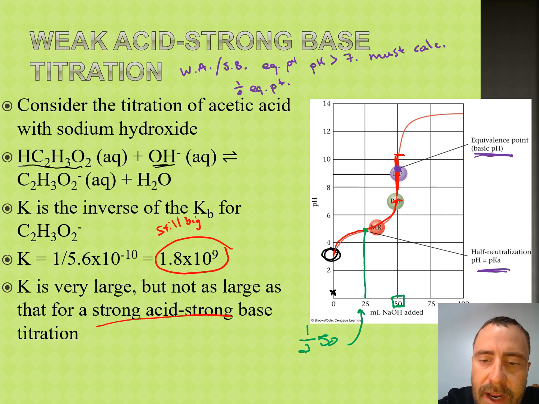So halfway to us having the same number of moles of acid and base, which is what we're going to call the 1/2 equivalence point, the pH is equal to the pKa of our weak acid. And so in this case, it would be the pKa of acetic acid, which we could look up.